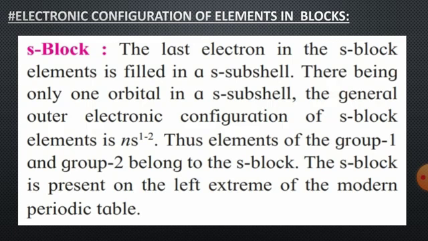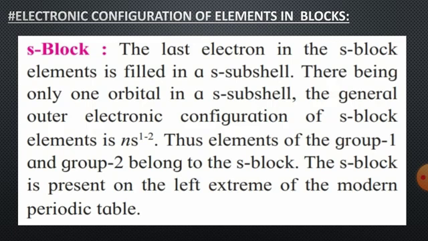Its electronic configuration will be 1s2 2s1. So based on its atomic number, the general outer electronic configuration of an S block element will be ns1 to 2.